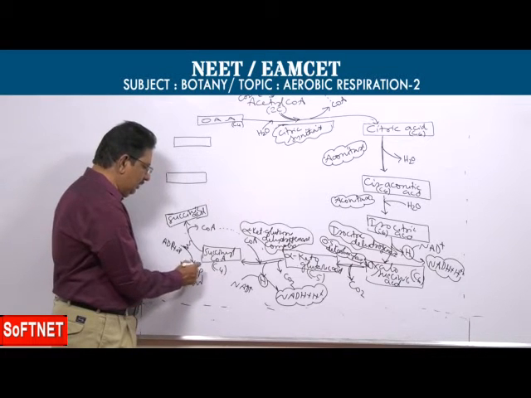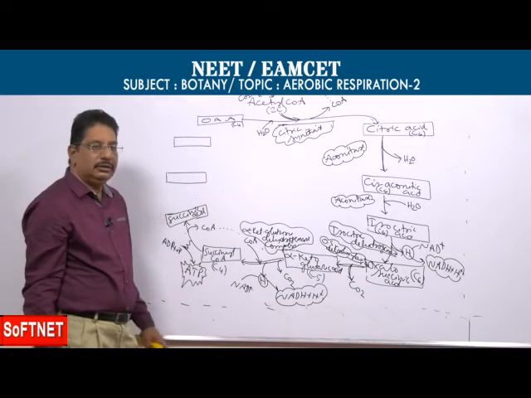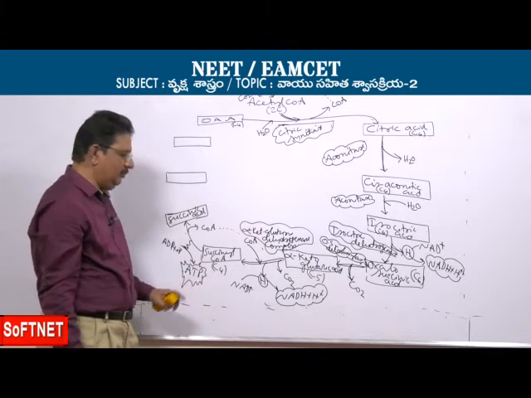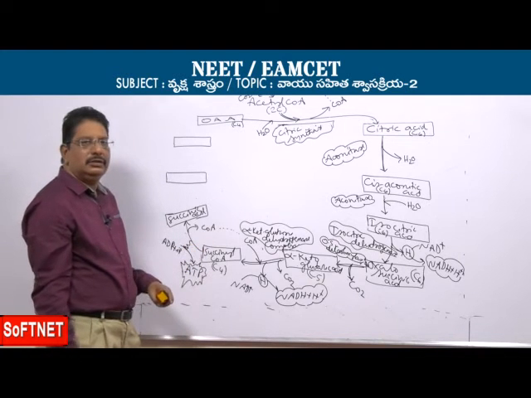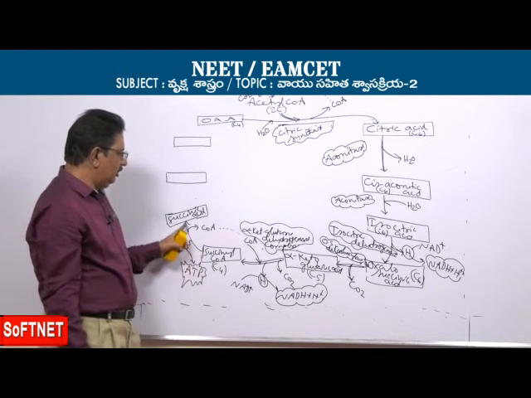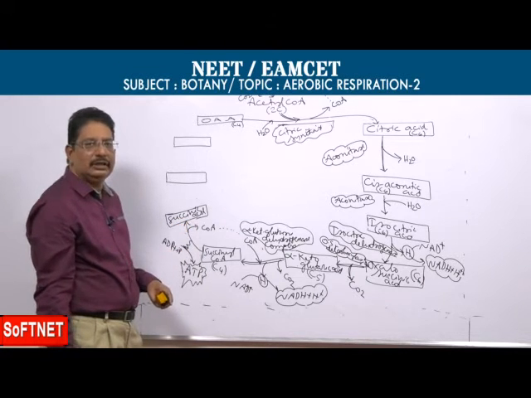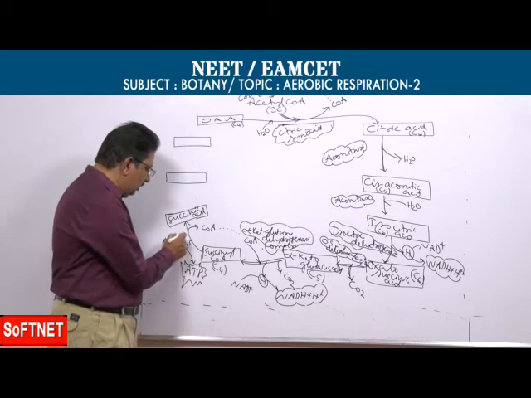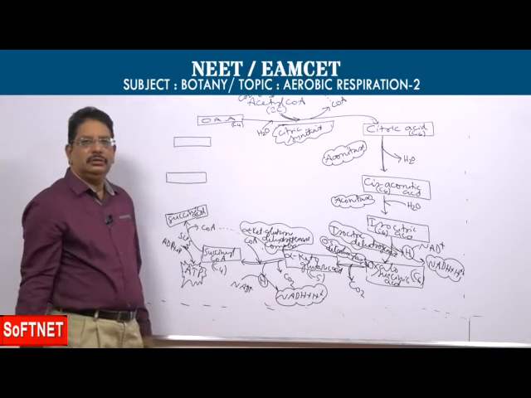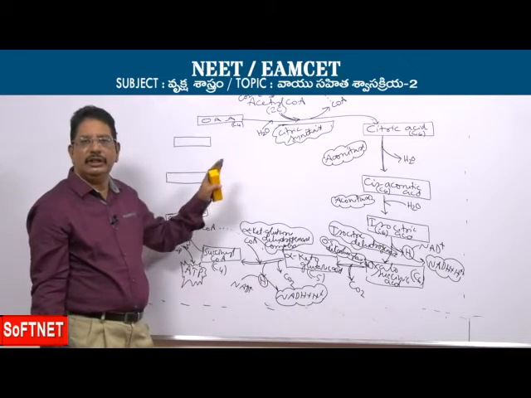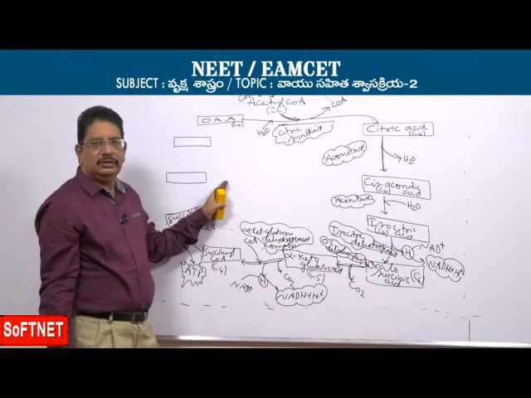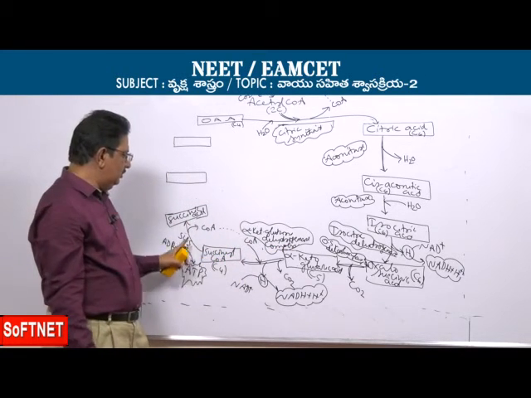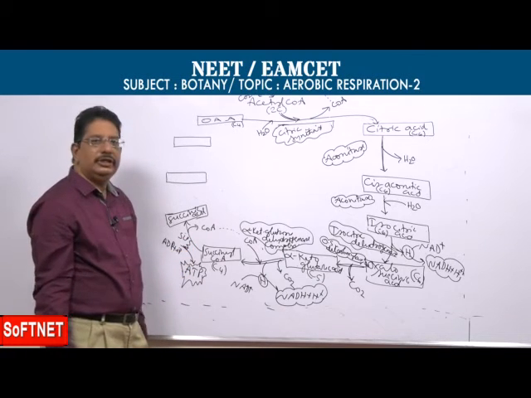So, for the first time in Krebs cycle, we are seeing the formation of cell currency, that is ATP. So, in plant cells, during the conversion of succinyl coenzyme A into succinic acid, there is a direct production of ATP, which is called SLP. Already you have seen SLP steps in glycolysis. So, this is the SLP step in Krebs cycle. In plants, at this place, ATP is synthesized.